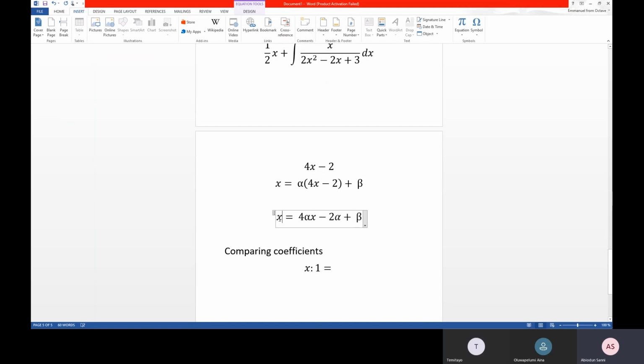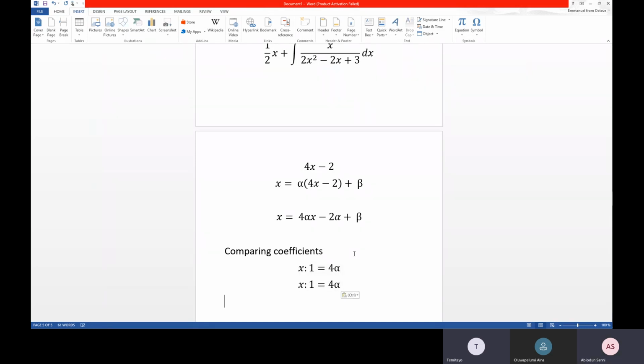The coefficient of x at the right hand side is 4 alpha. So you are saying that 1 is equal to 4 alpha. Do you understand?